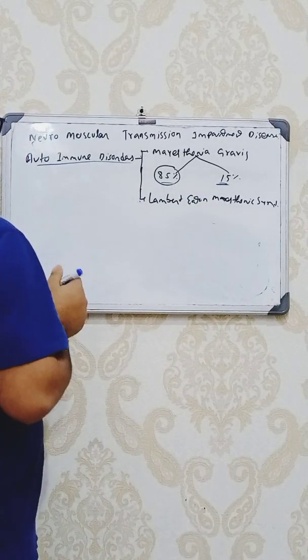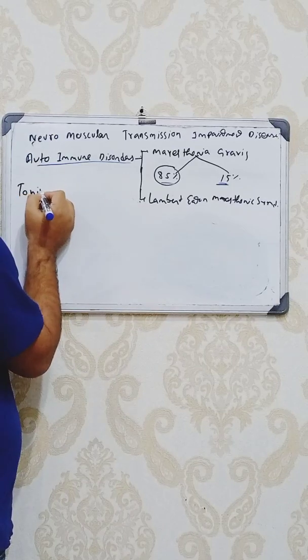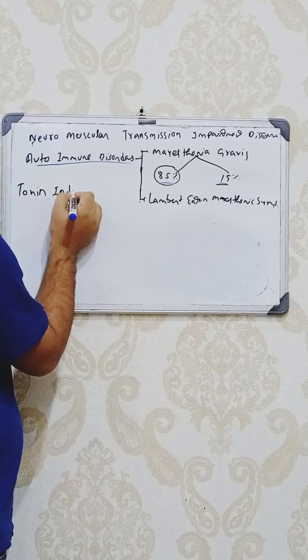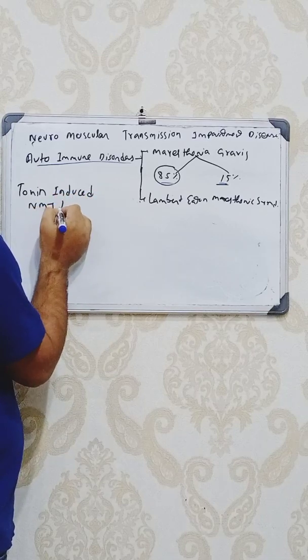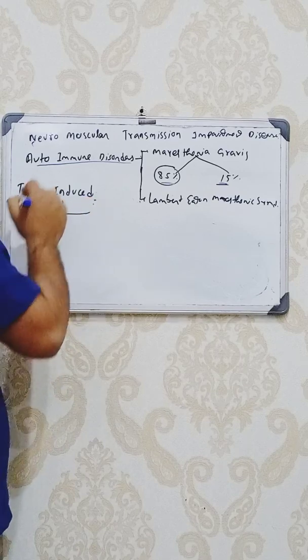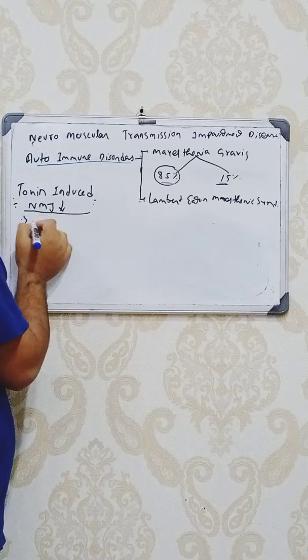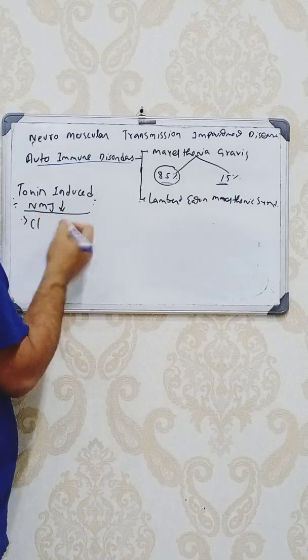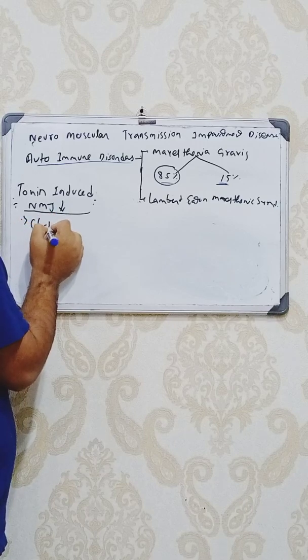Now let's talk about some toxins. So toxin induced impairments of the neuromuscular junction activity. Now in these cases, especially two types of toxins we need to know. There are many others, but specifically we need to know at least two.